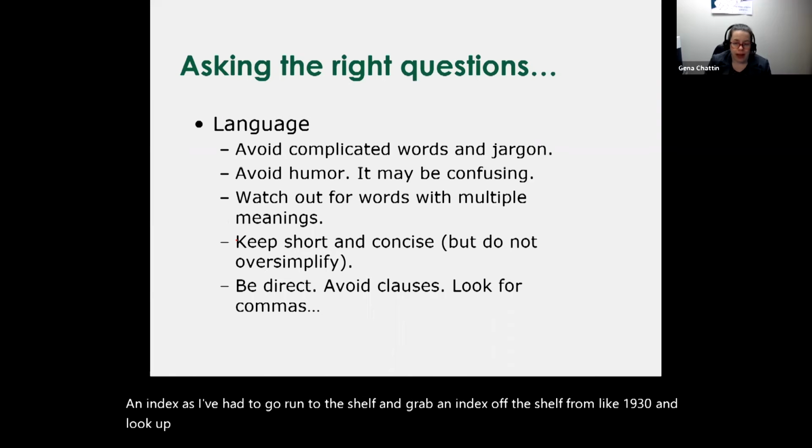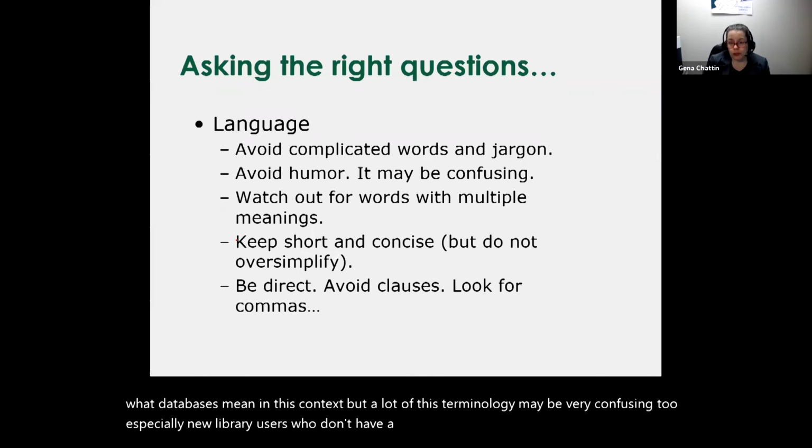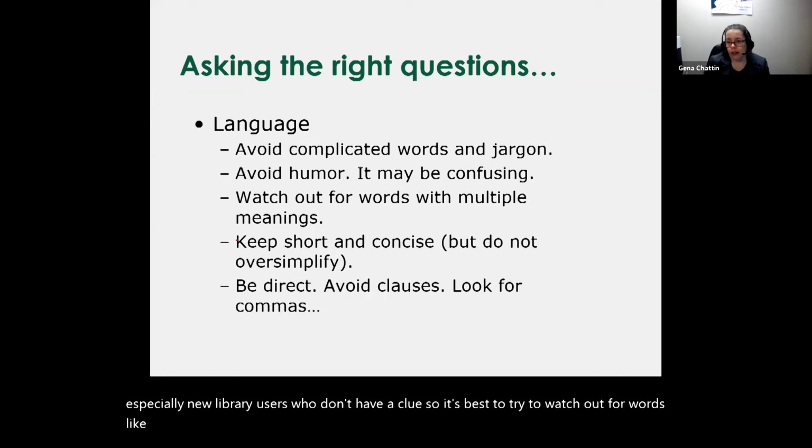I used a card catalog, so I know what the word catalog means, and I know what databases mean in this context, but a lot of this terminology may be very confusing to especially new library users who don't have a clue. So it's best to try to watch out for words like that that may not even stand out to you if it's something that you live with every day.